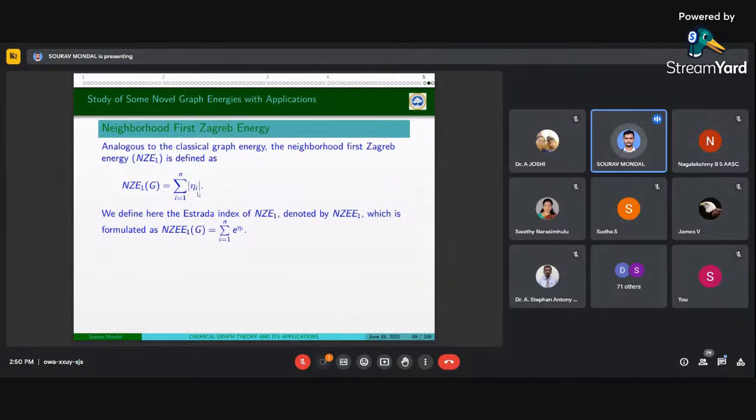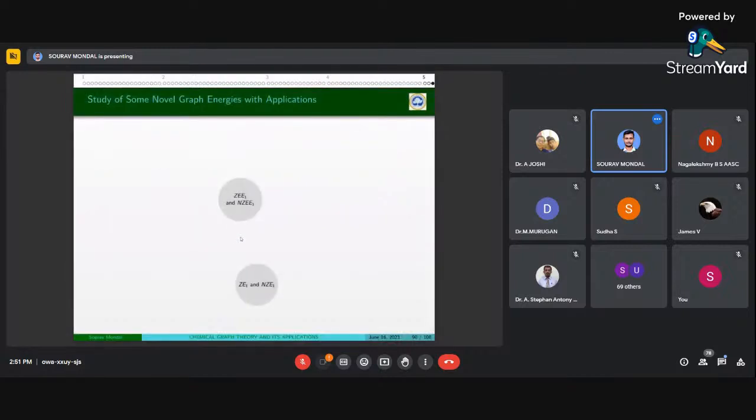To measure the degree of protein folding, Estrada defined the Estrada index in the case of classical graph energy. Similarly, we formulate here the Estrada index of NZ1 as the summation of e to the power η_i. We investigate the chemical connection of JD1, NJD1, and their Estrada indices.